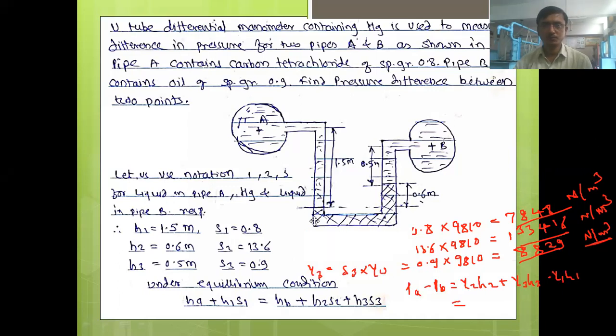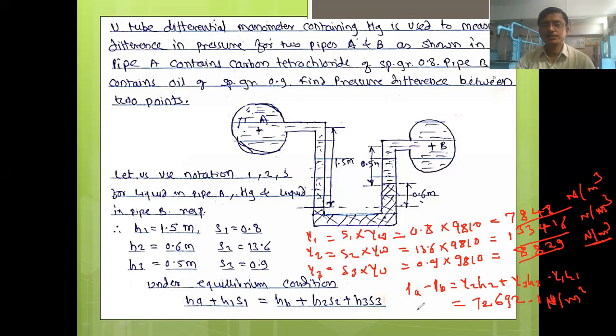Correct. So Mayuri has got the same answer, 72,692.1. Okay, this will be the answer, in Newton per meter square.